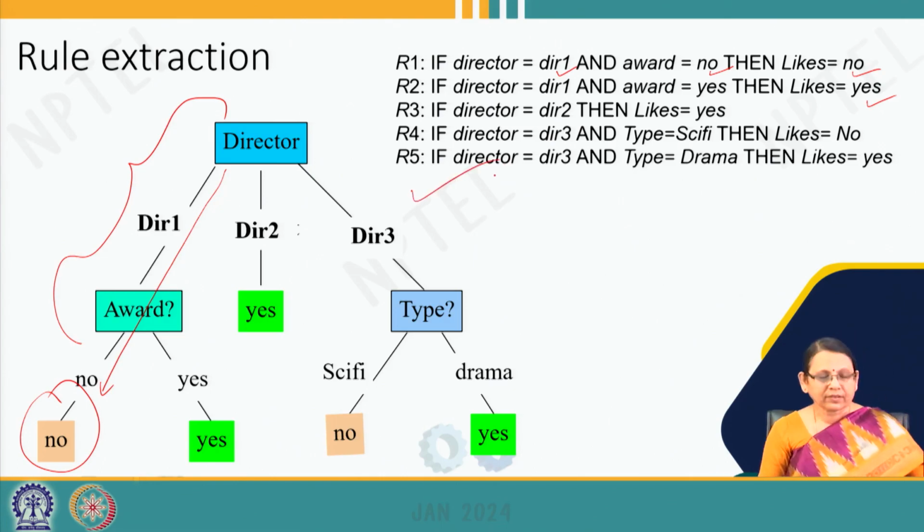This is a very small example, but when we have a large data set with many variables, we are going to get a very big tree. In that case we are going to get a large number of rules. So, out of those rules, how many to select?